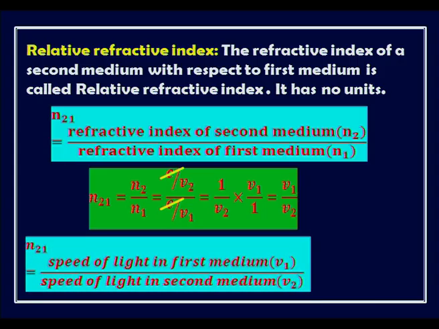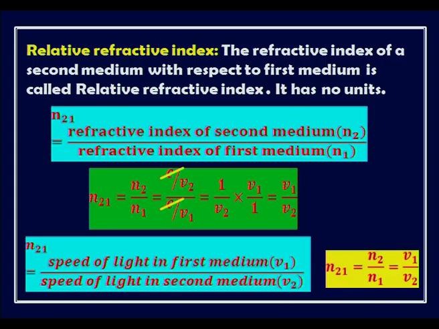So, the refractive index of the second medium with respect to the first medium is also equal to the speed of light in the first medium divided by the speed of light in the second medium. Eta 21 is equal to the refractive index of the second medium by the refractive index of the first medium, or the speed of light in the first medium by the speed of light in the second medium.